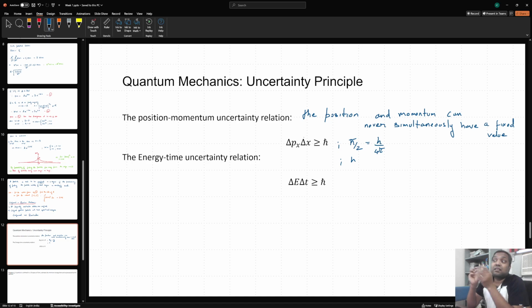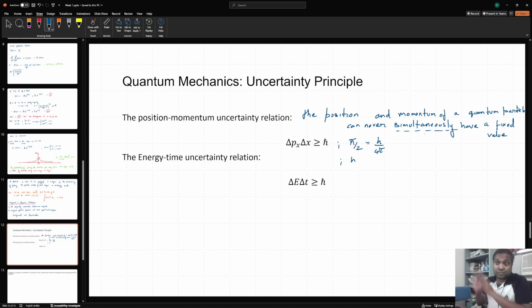So this means that whenever I'm considering position and momentum of a quantum particle, it can never simultaneously have a fixed value.